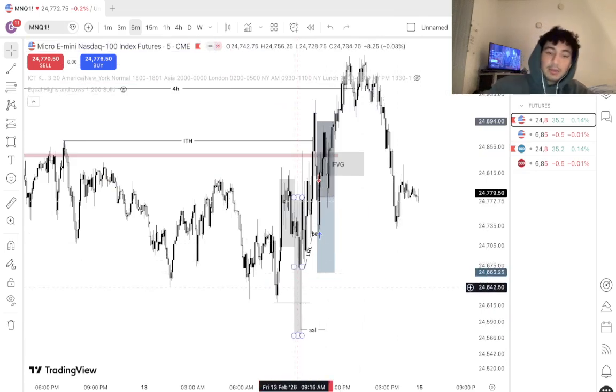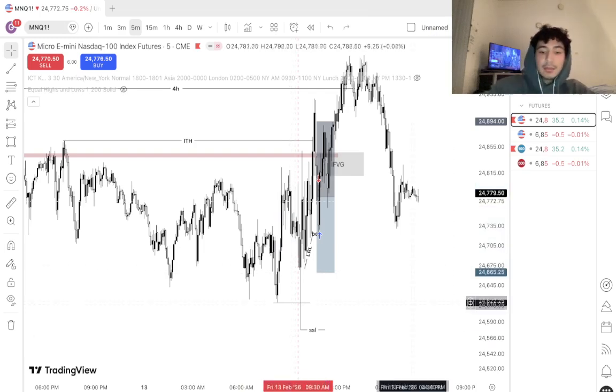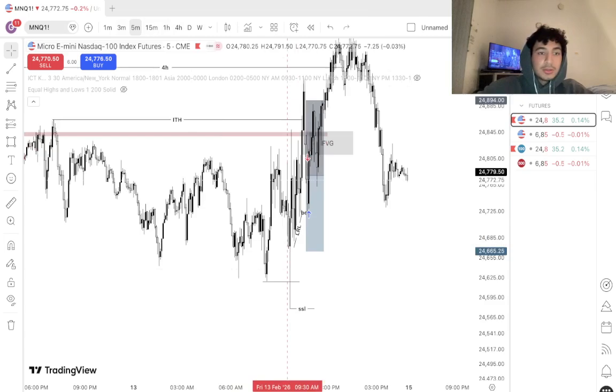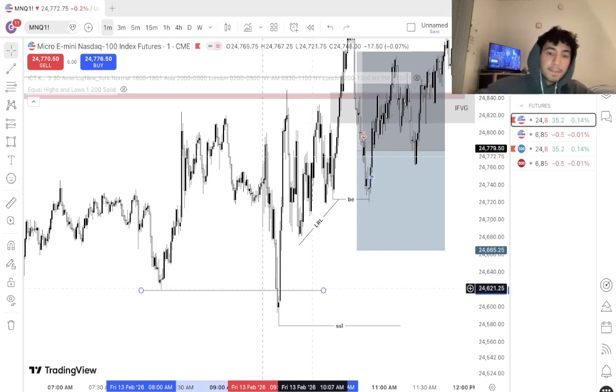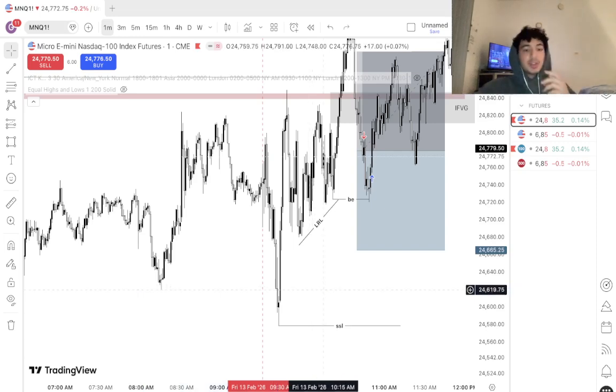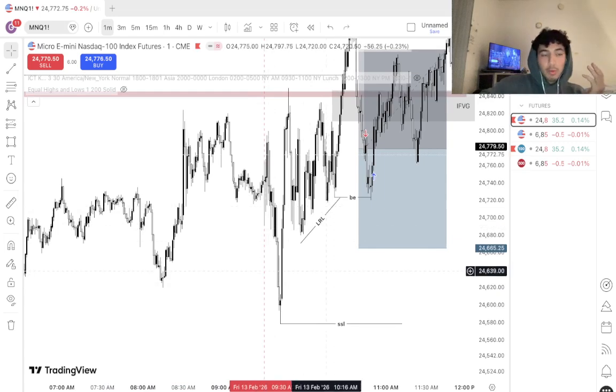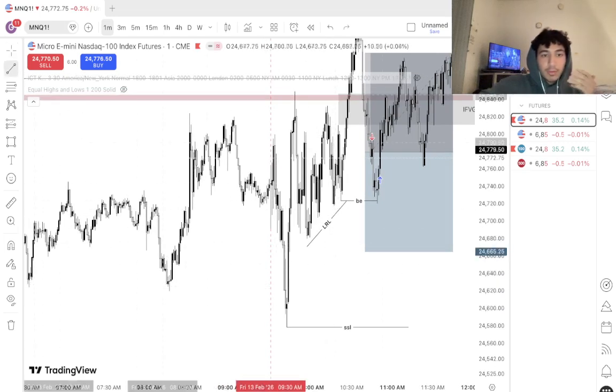And then we had a really nice long opportunity at market open, but the reason I didn't take that is that I was leaning bearish and I was stuck in this bias. And I'm not gonna lie, today I woke up a little late for market open.